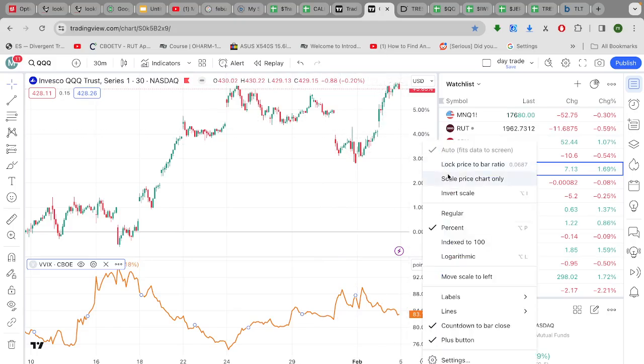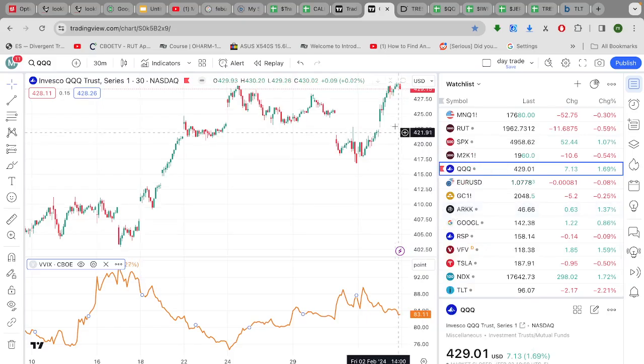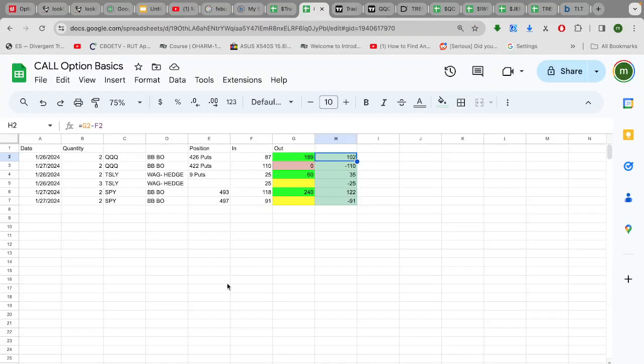If I would have bought one extra day... I bought the 422 put. Here, let's just look at it here. We got these two QQQ 426 puts. Bought them for 87, sold them for 189 bucks, or $1.89.